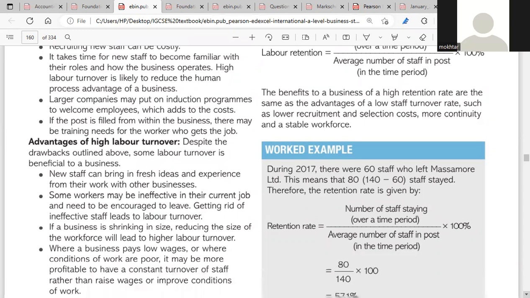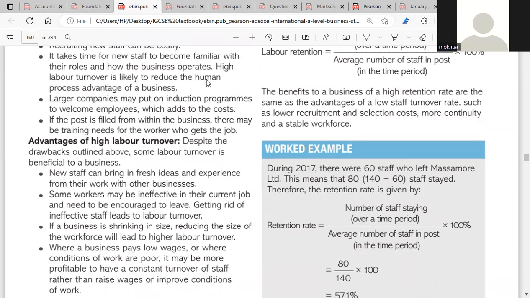Two, it takes time for new staff to become familiar with their roles and how the business operates. High labor turnover is likely to reduce the human process advantage of a business. Another problem a business will face if there's high labor turnover is that the new workers would need to acclimatize, would need to understand how the business operates, and this might take time.